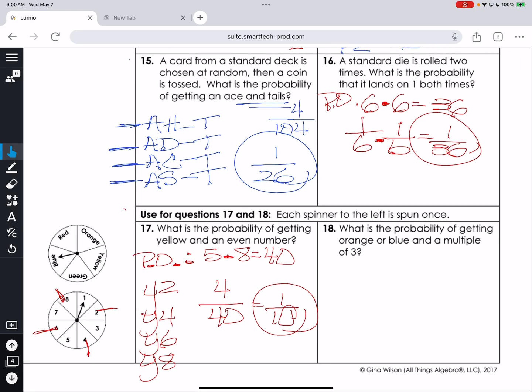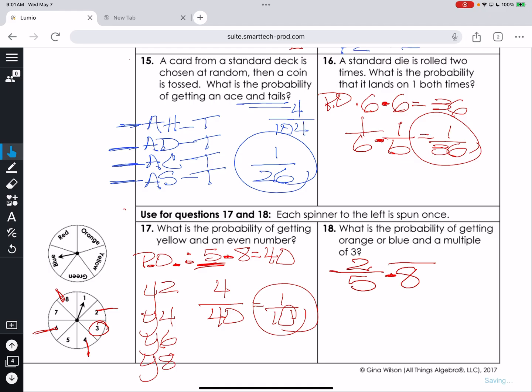What is the denominator for the first event? We know 5. And orange or blue is 2. Do y'all see how he came up with 2/5? Yeah. All right. Our next spin, what are our options at the bottom? 8. And we need it to be a multiple of 3.